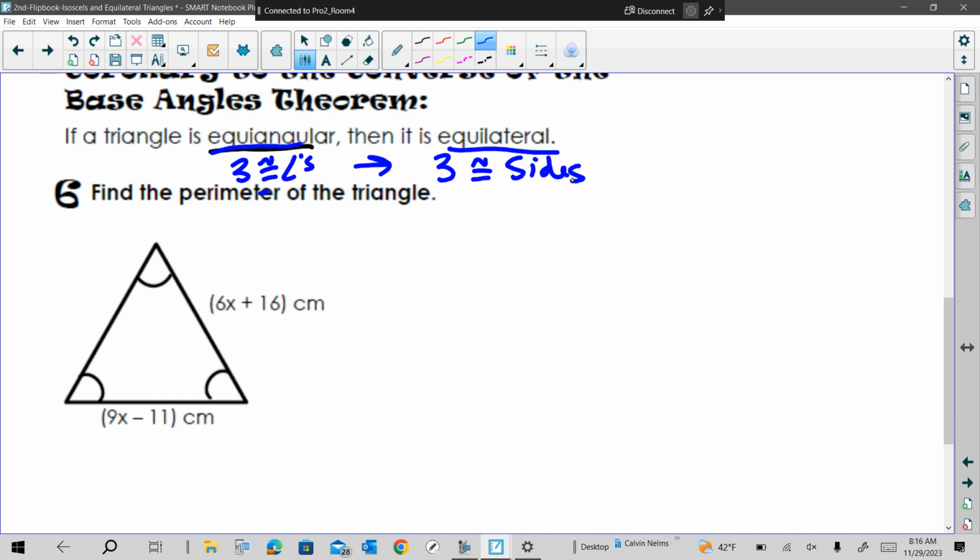So on number 6, it's asking us to find the perimeter of the triangle, but it's giving us 3 congruent angles, which means there are 3 congruent sides. So in order to get to the perimeter, I have to find the x. So what's our equation we can write here?